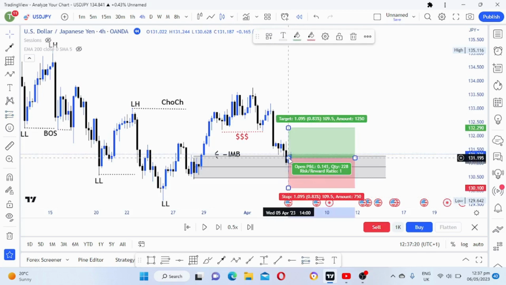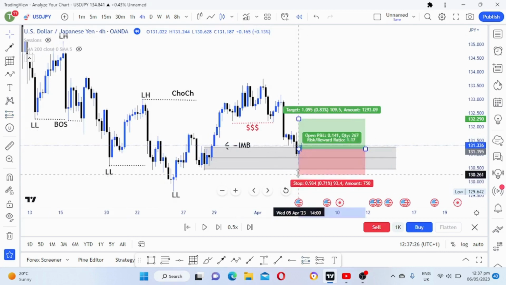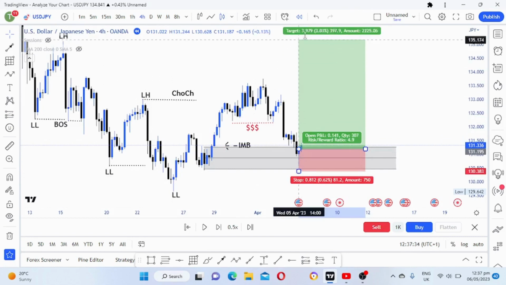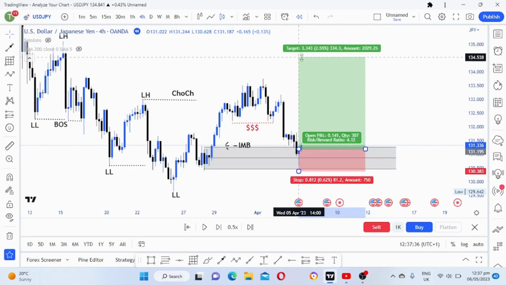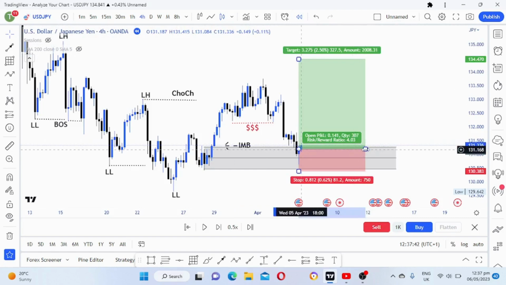Where do we put our stop loss? We put our stop loss just below this area here. And then we target a 1 to 4, guys. That is a 1 to 4 that we put up there.